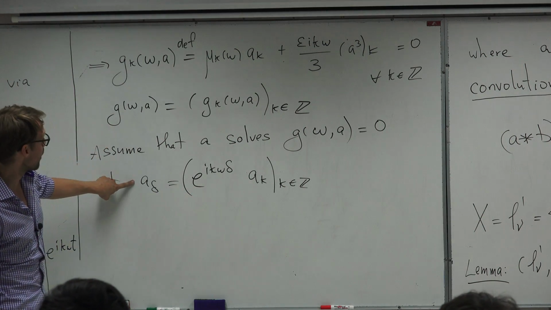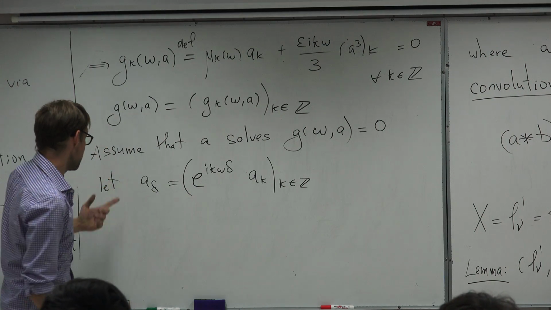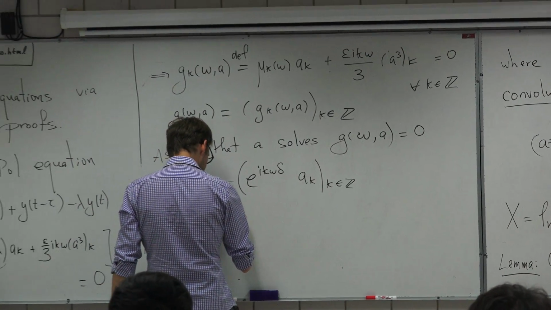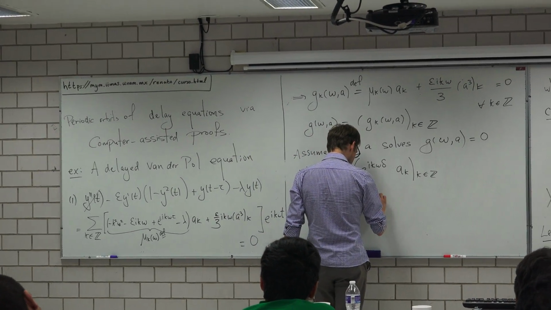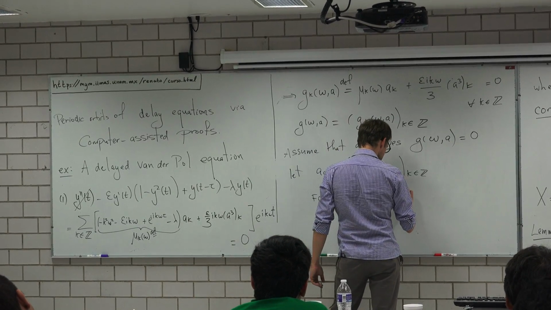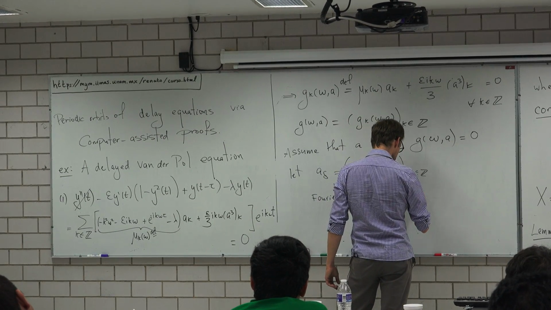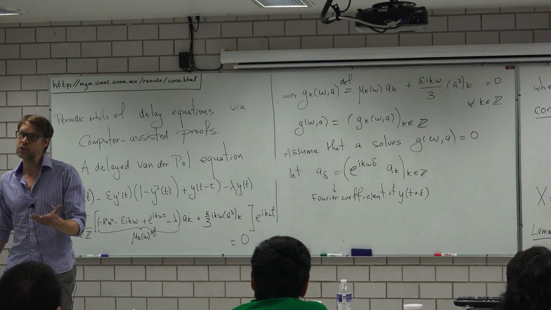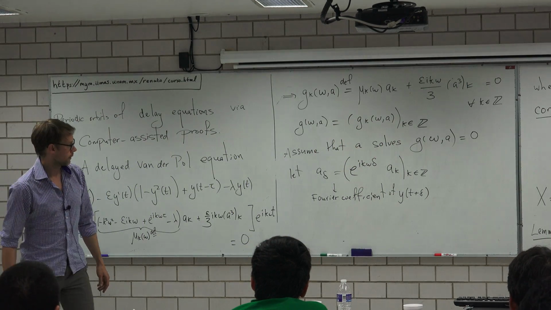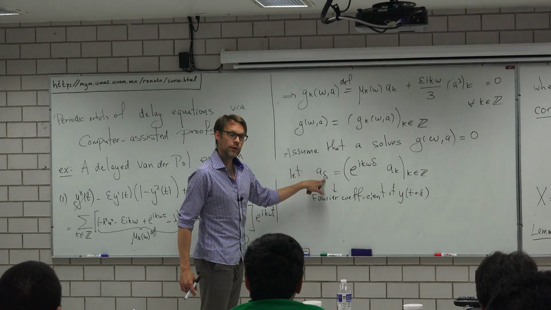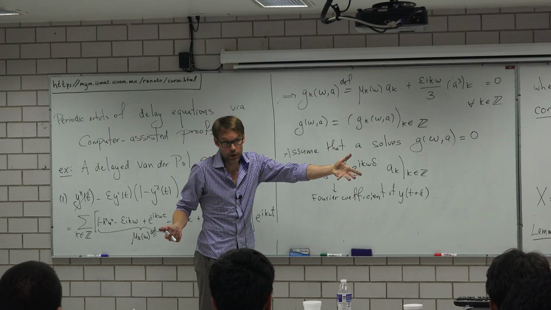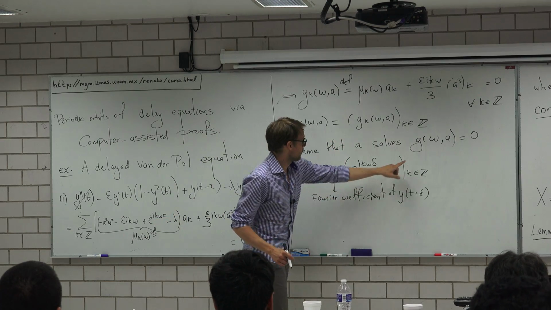But when you think about that, what is this? This is just the shift. These are the Fourier coefficients of y at t plus delta. So if I have a periodic solution, any time shift is also a periodic solution. That means there's a continuous branch of solutions in L nu 1 going through a given solution.